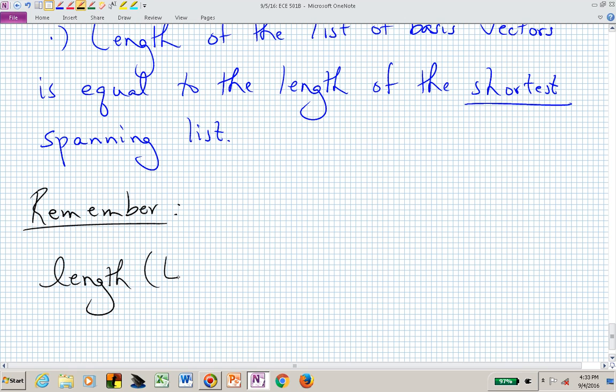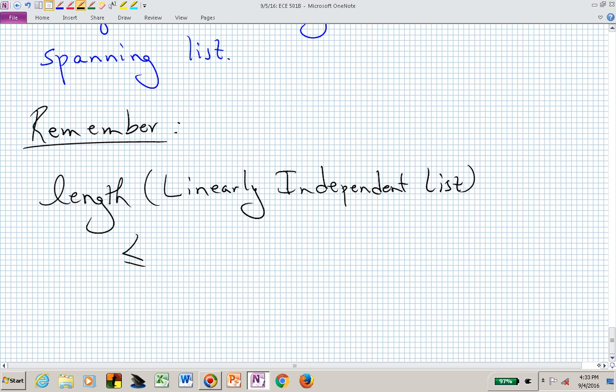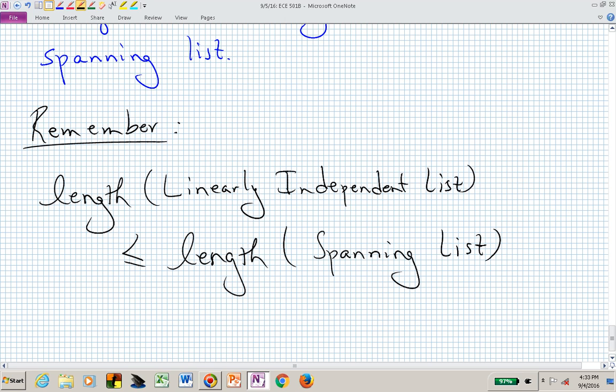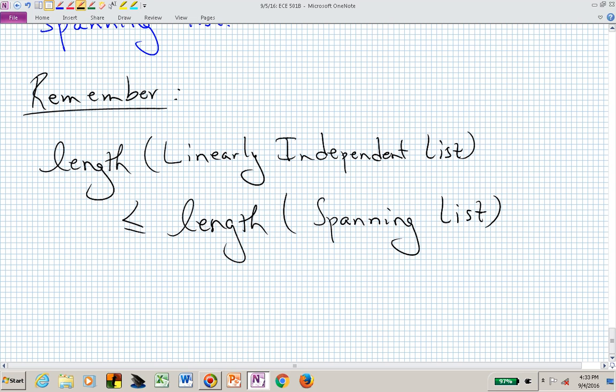The length of a linearly independent list of vectors is less than or equal to the length, or the number of vectors, in a spanning list. By spanning list, we're saying the list that covers or is capable of representing any vector in our vector space.